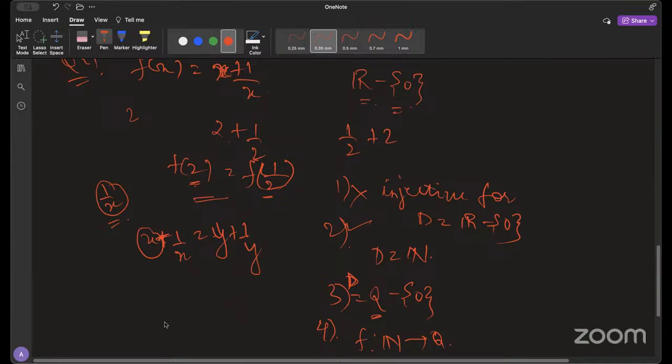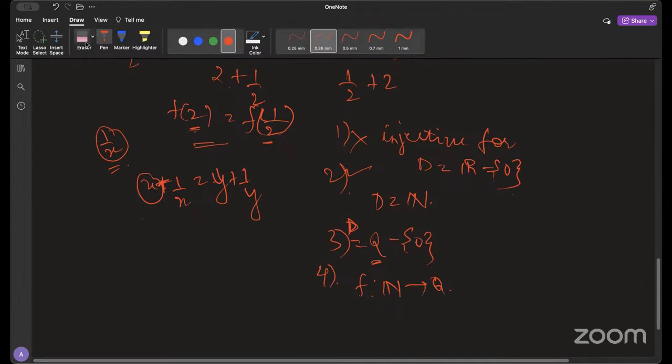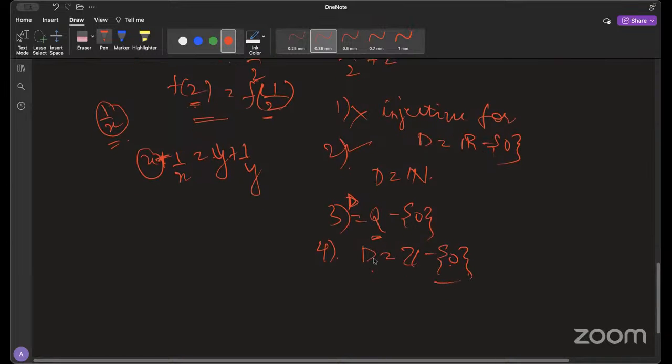Injective for integers. Okay, injective for integers. It's the same for integers too. If you take Z minus 0 here, if this is the domain, then we have a problem.